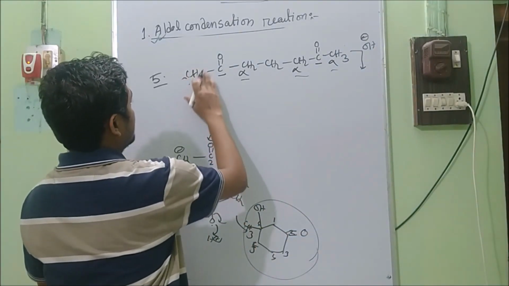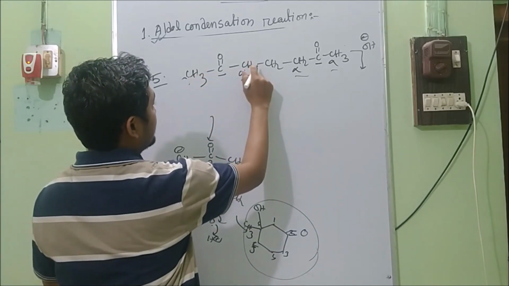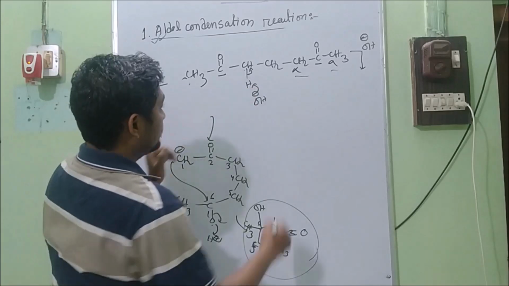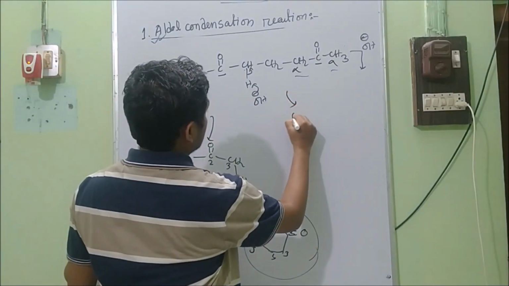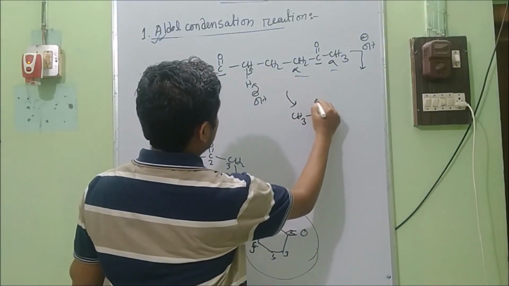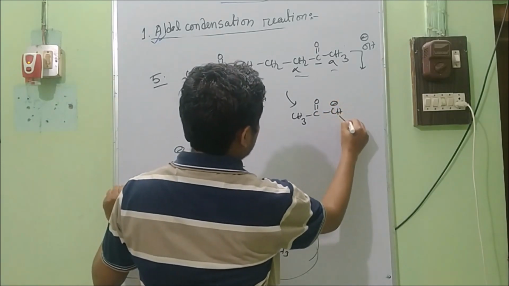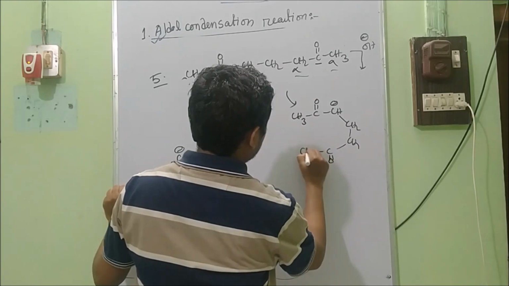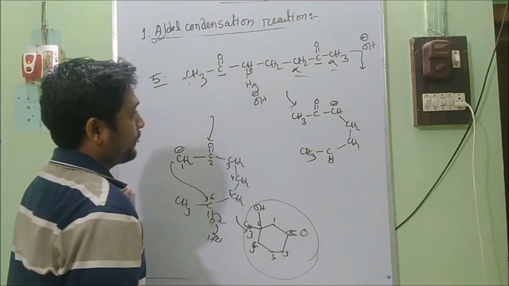Again, if this base takes H plus from here, then negatively charged on this carbon, then we will have CH3CO CH negatively charged, CH2 CH2 C double bond O CH3.